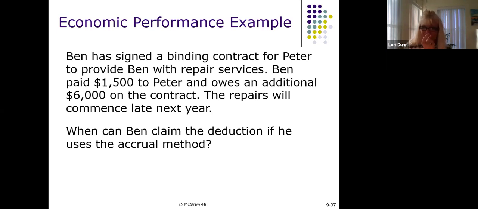So there is that little snafu there. This is when I meet economic performance, so that's when I get the deduction. If it's a recurring item, you may still be able to get the deduction.